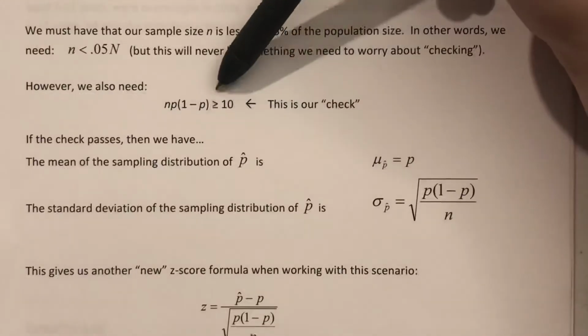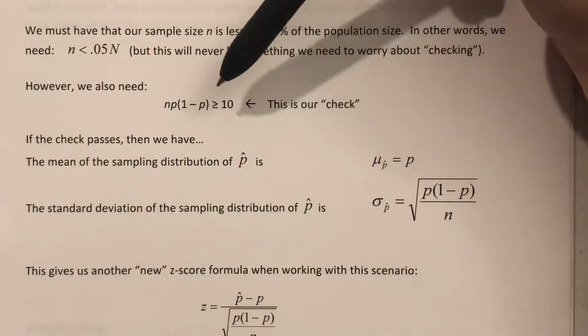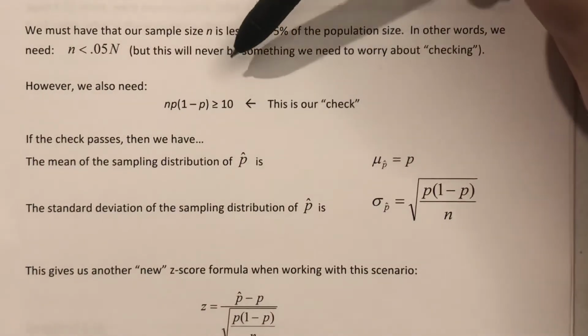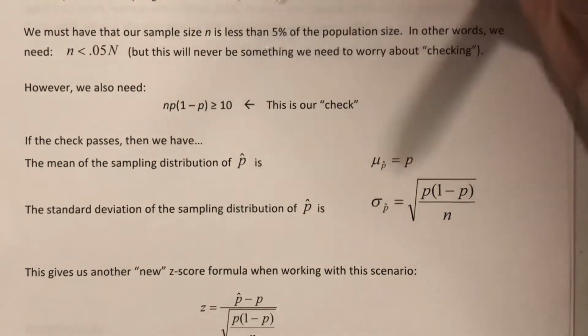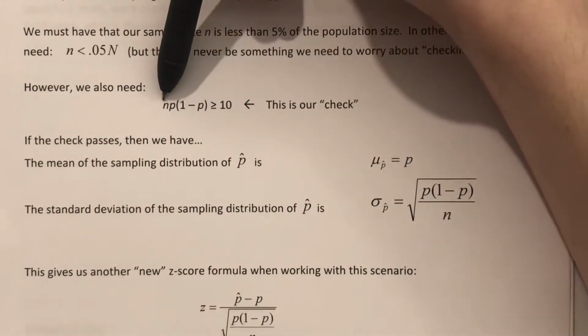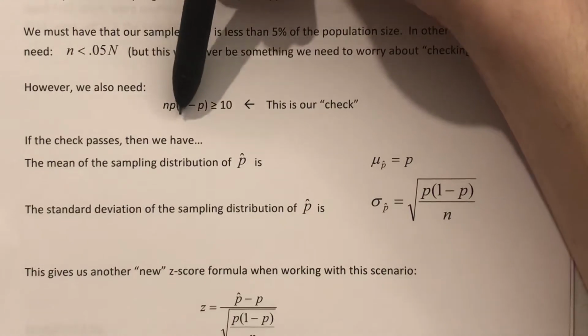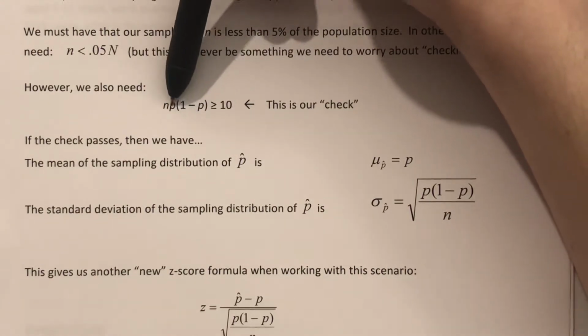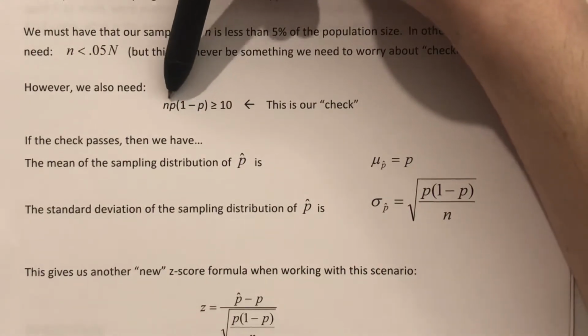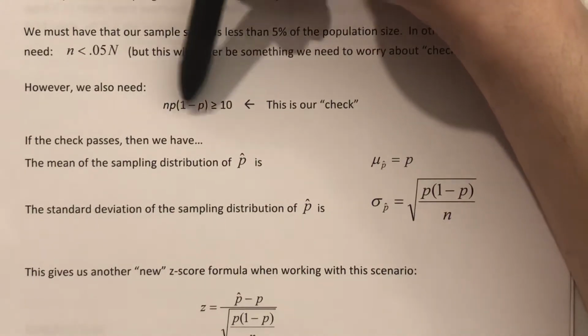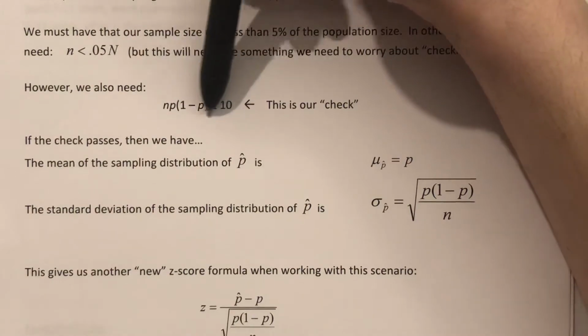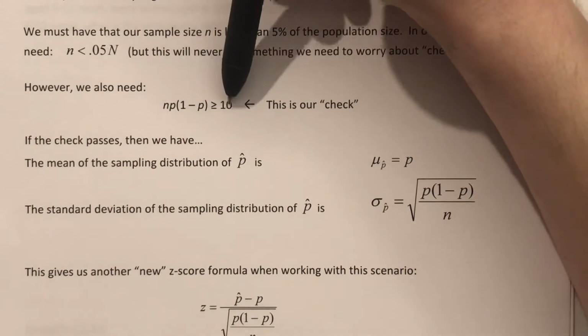The one we will check, and it's different from the central limit theorem of n being 30 or bigger, is this check right here. This is saying that we need our sample size times the population proportion. P represents population proportion. Notice this is not p hat. So the sample size that we're taking times p times its complement, 1 minus p. We need that value to be at least 10.